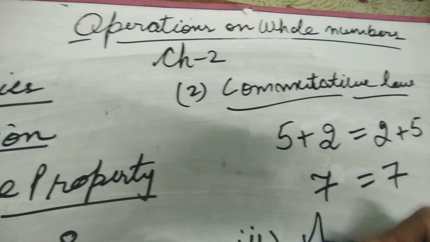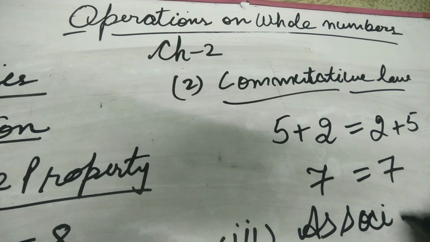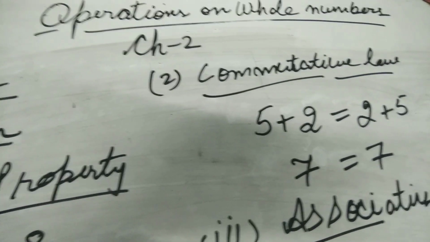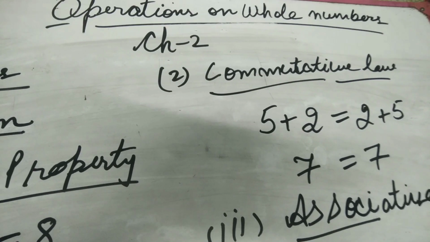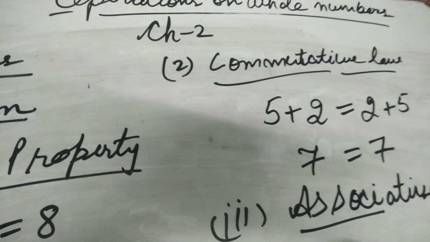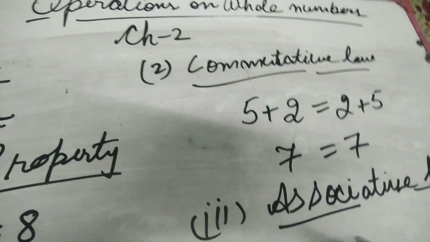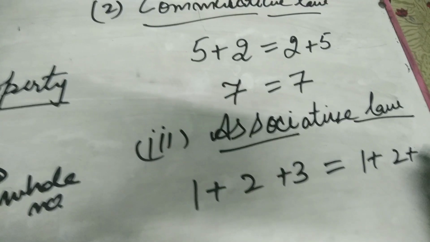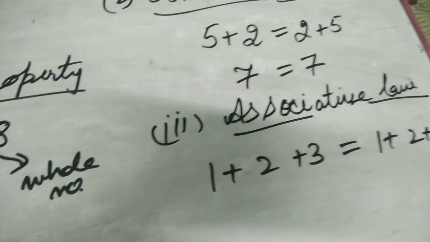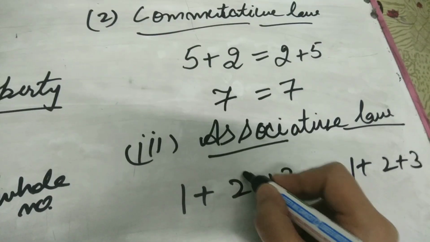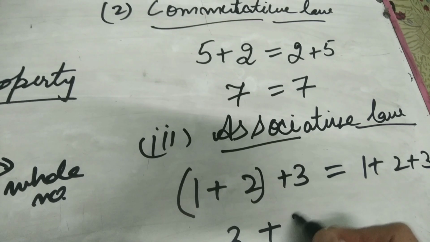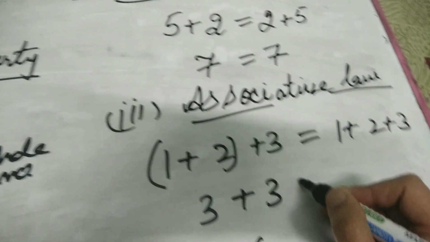Next we have the associative law. In the associative law, the addition of whole numbers is associative, which means, for example, I take 1 plus 2 plus 3. If I add the first two numbers first, I get 3, then I add the third number and I get 6.